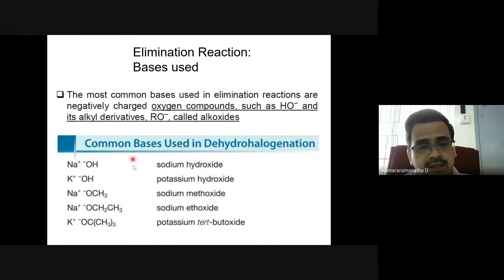These are the standard bases people use: sodium hydroxide, potassium hydroxide, and methoxides, ethoxides, or potassium tertiary butoxide. With these, the leaving group along with sodium can form very easily that halogen salt. So that is the reason you should have certain bases to drive elimination reactions.